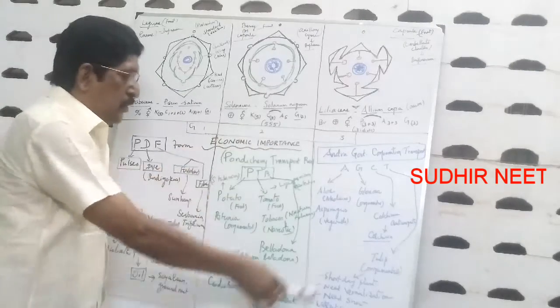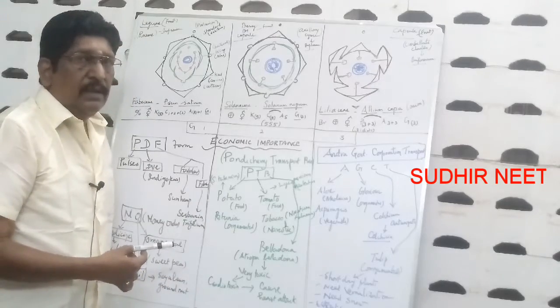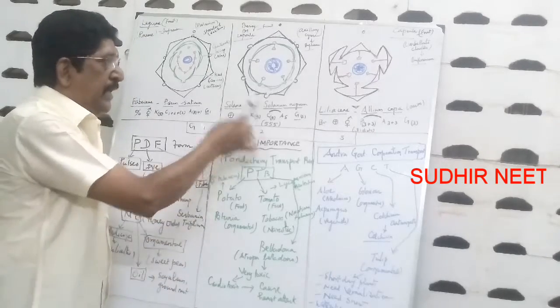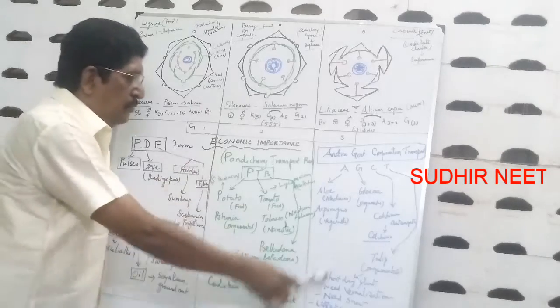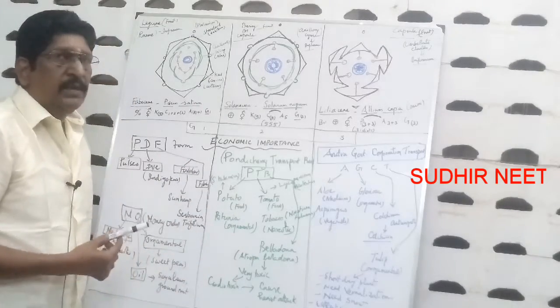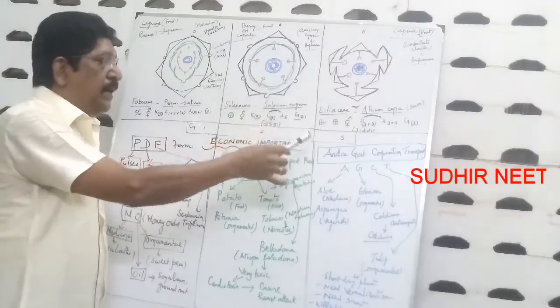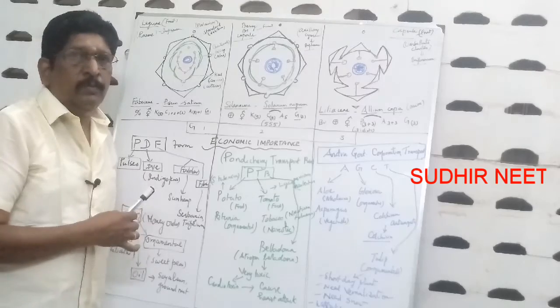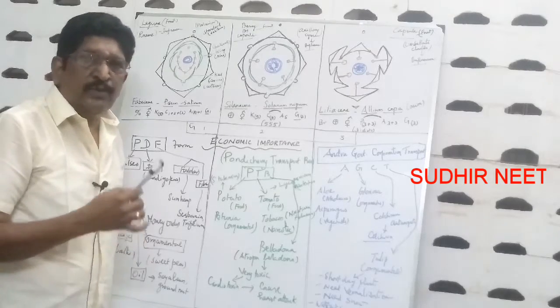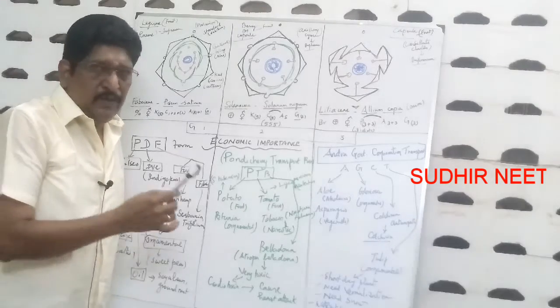You definitely will get one question in the NEET, either a diagram based question or based on the economic importance, anything. So this is a very important area in taxonomy that we have covered in this video. We shall continue in the next video. Thank you very much.